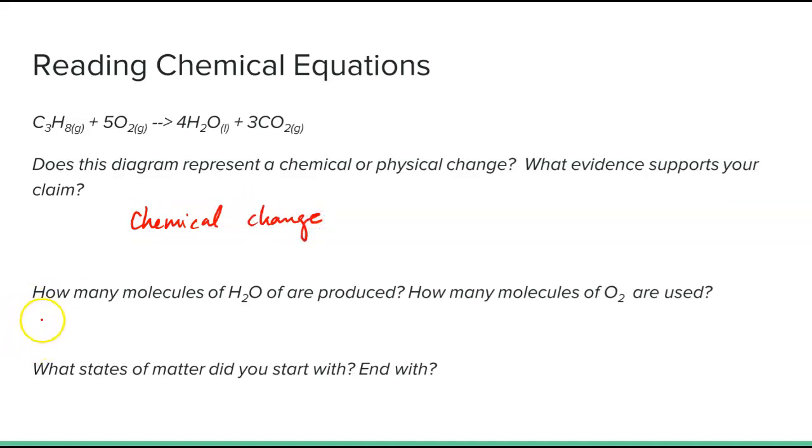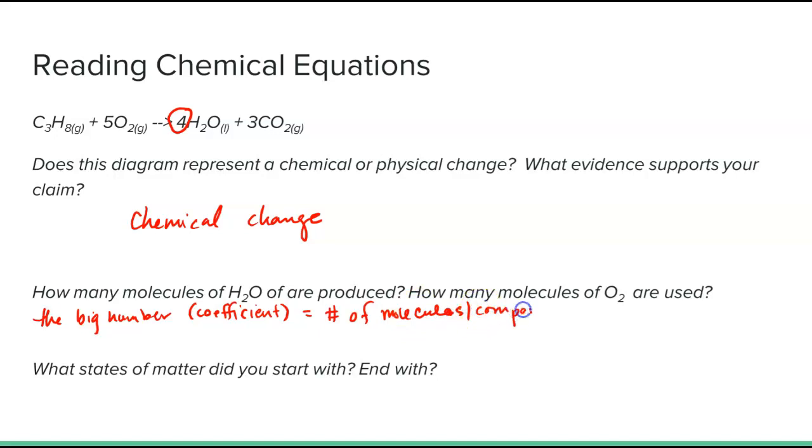So now comes the next piece. How many molecules of H2O are produced? And this is where you get that information. The big number, we call that a coefficient. Coefficient represents the number of molecules or compounds, we can use these words equally.